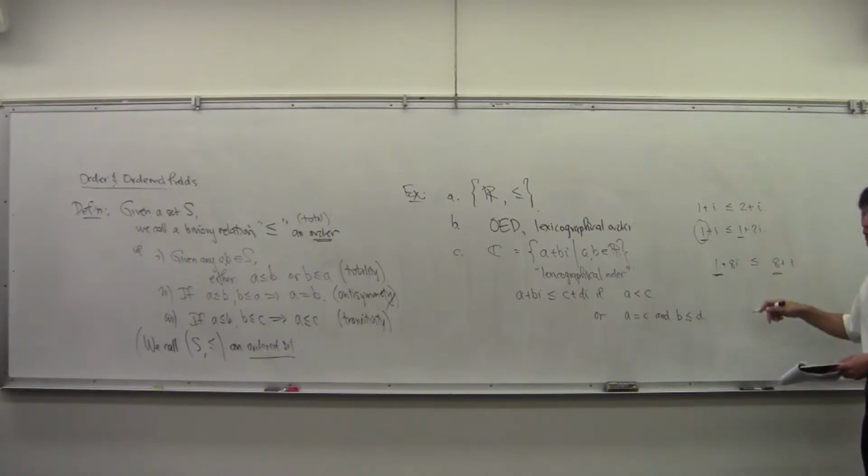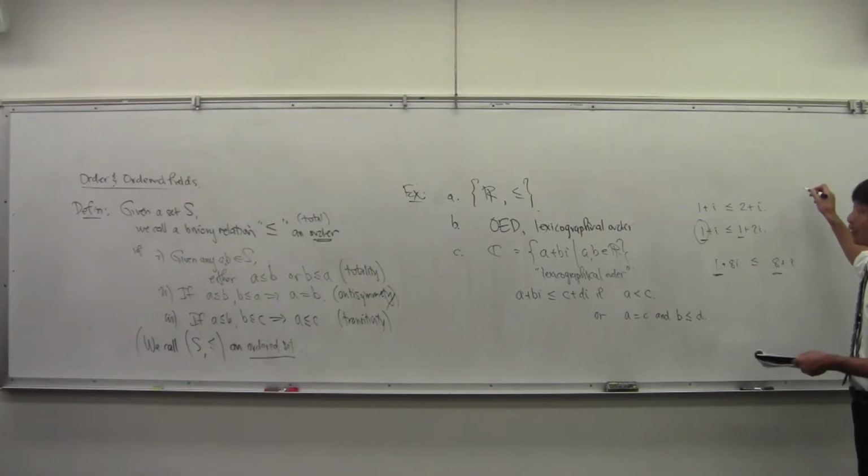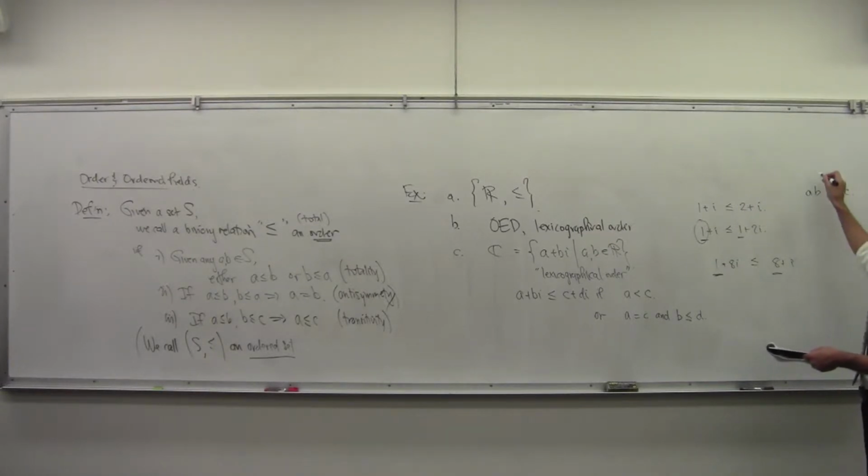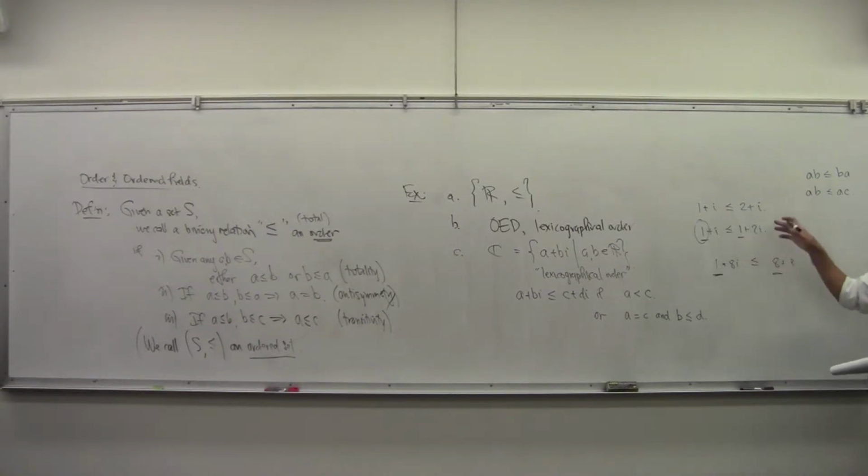Okay, so it's just like a dictionary where there's only 2-letter words. AB is certainly less than BA in the dictionary, right? So here's my dictionary. It has only 2-letter words, and complex numbers is just like that. It's a dictionary with 2-letter words.